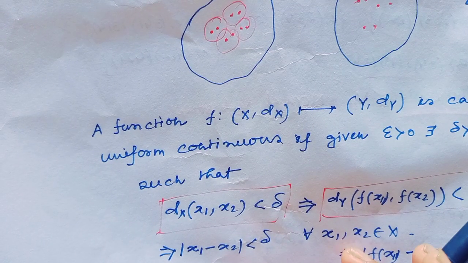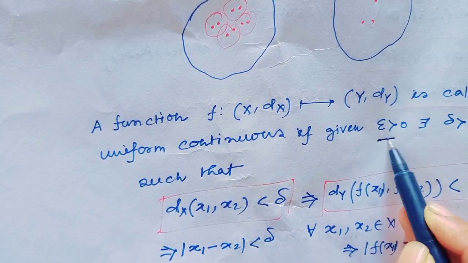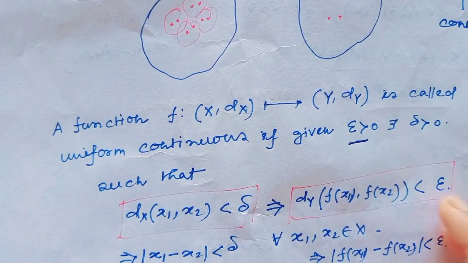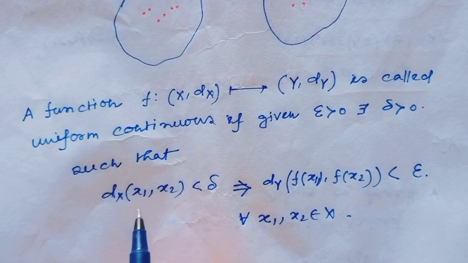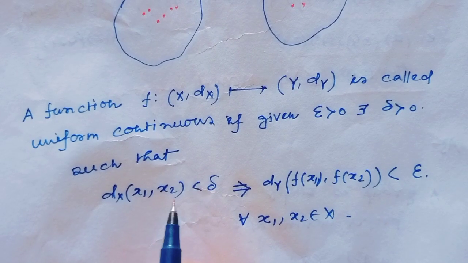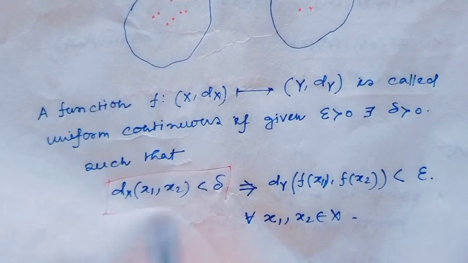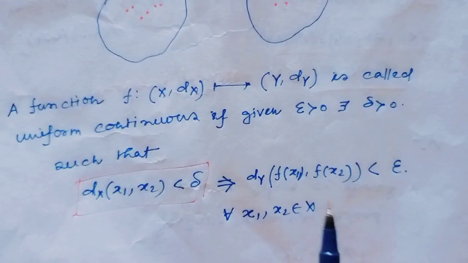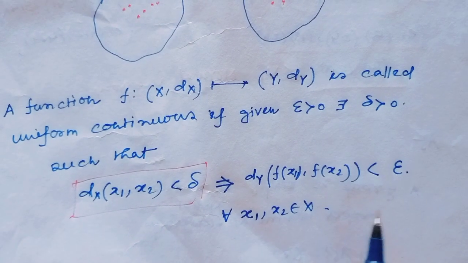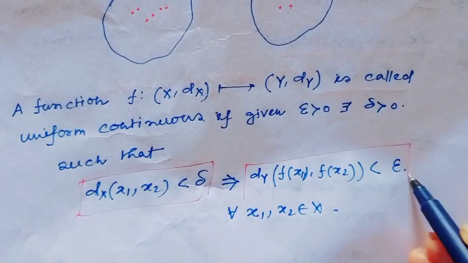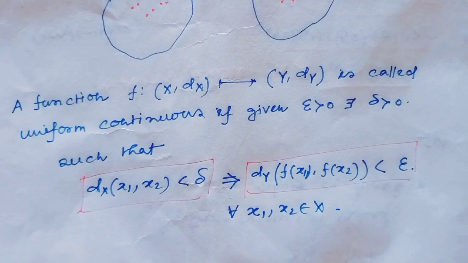This function is uniformly continuous if, given epsilon greater than 0, there exists delta greater than 0 such that the distance between the points x1, x2 in the set X less than delta implies the distance between the points f(x1), f(x2) in the set Y less than epsilon, and this is true for all x1, x2 belonging to X.